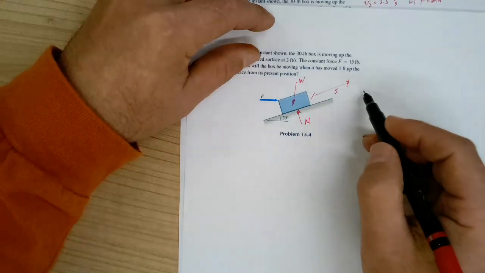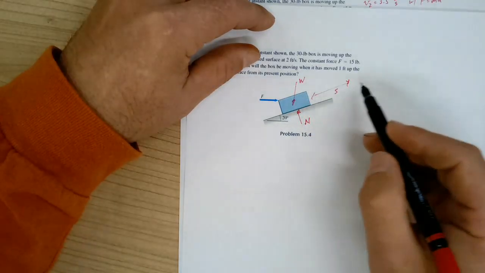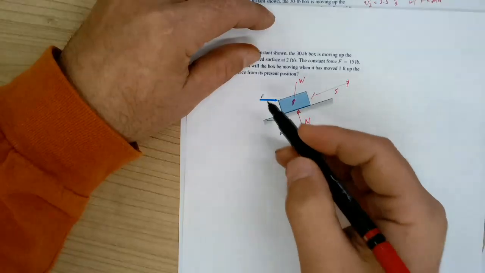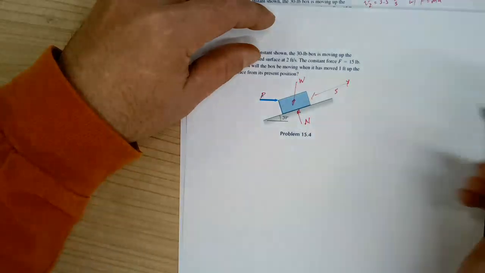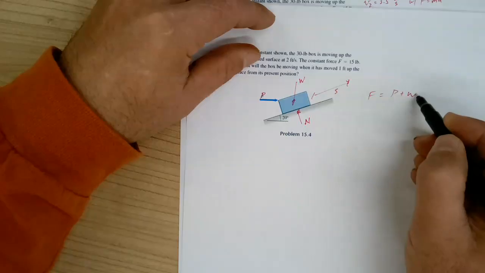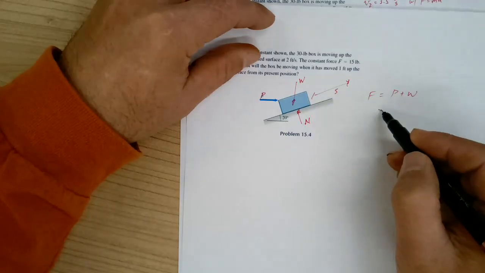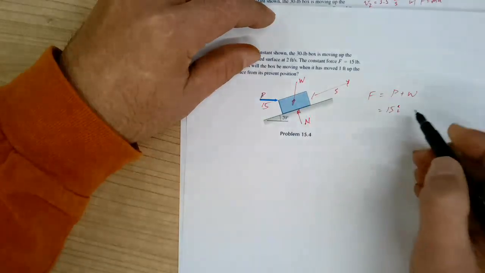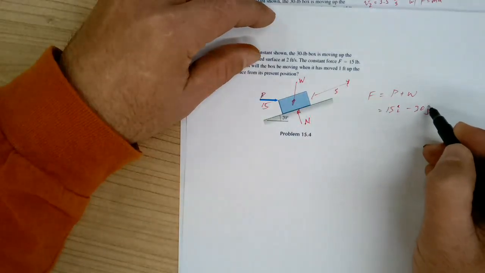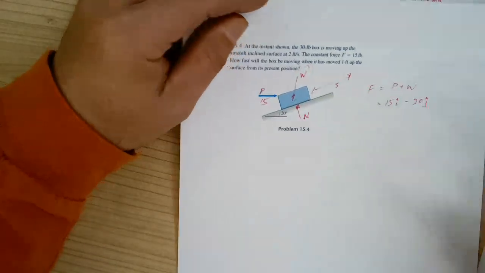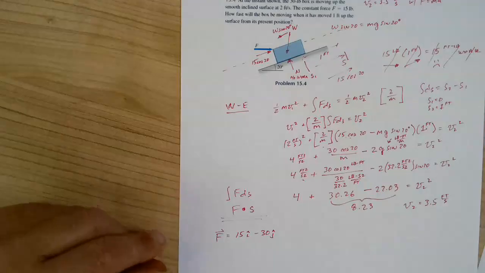The net force, the forces that do work, the combination of them, I wish this was like P. Then the net force is equal to P plus W equals 15I minus 30J, the weight. I just want to make sure you can see where that's coming from.